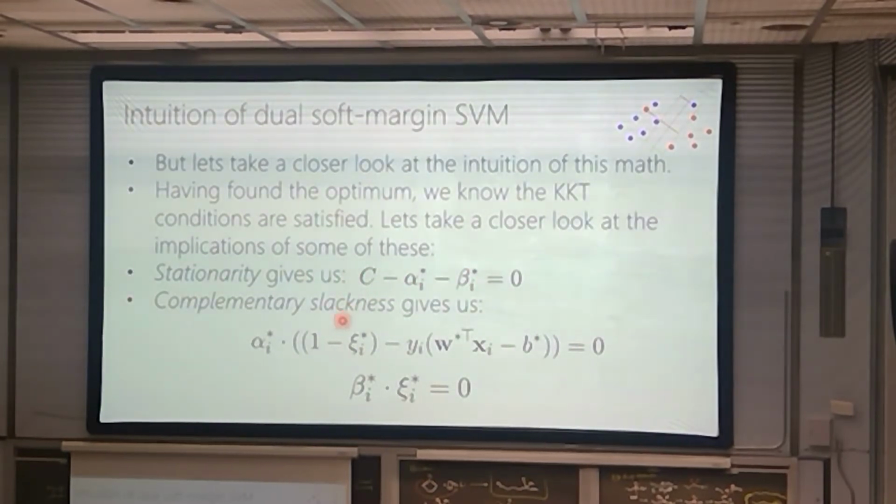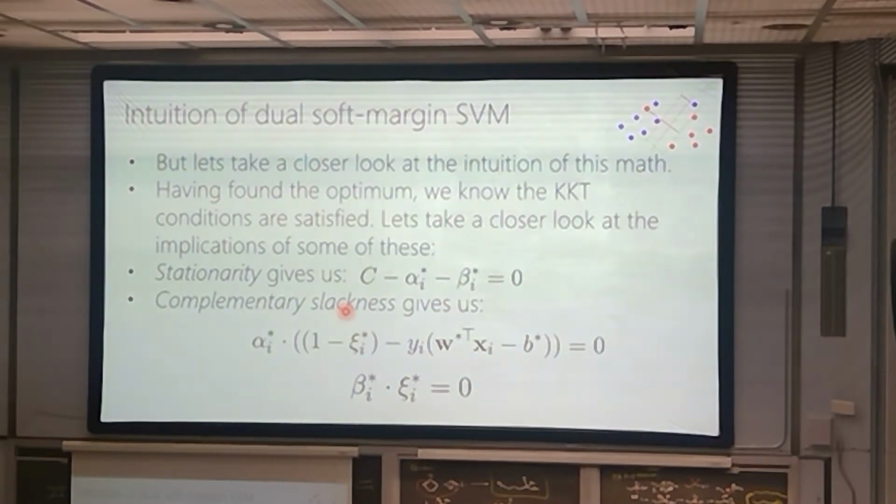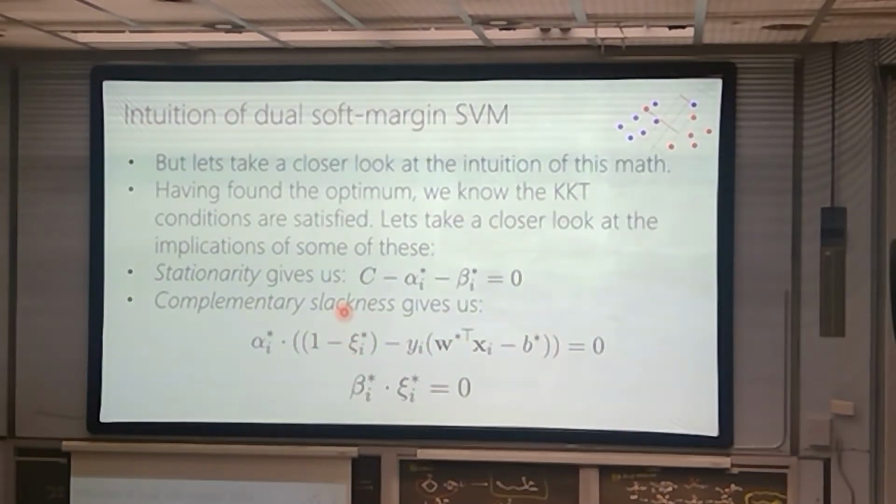Which we saw before, and there were two we haven't yet looked at, so we didn't yet make use of these, but they're going to be interesting for the intuition. These are called the complementary slackness conditions, and the intuition is that they are for inequality constraints. Alpha i and beta i are the dual variables for each of the two kinds of inequality constraints, and what complementary slackness basically says is that either that dual variable has to be 0, or that constraint has to be slammed up to exact equality.